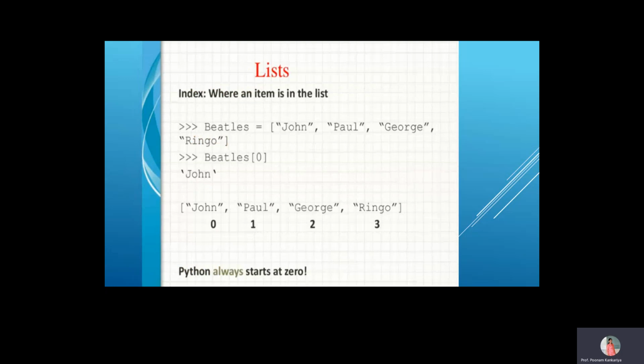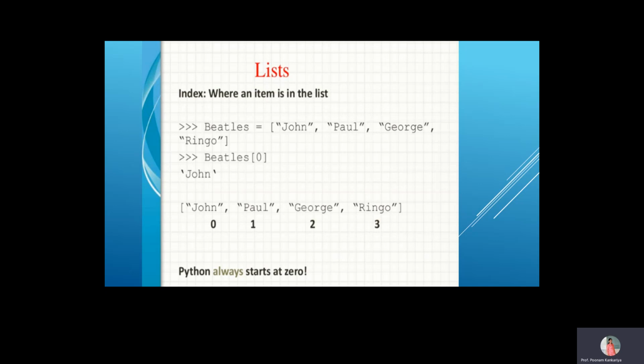Now here are some examples of list indexing, the indexing concept used in lists. The position of an item in the list is called its index. There are two examples. Suppose one variable, beatles, has the values John, Paul, George and Ringo. Suppose we have to find the index number of John. So we only write beatles of 0th index, and we know John's index number in the list.